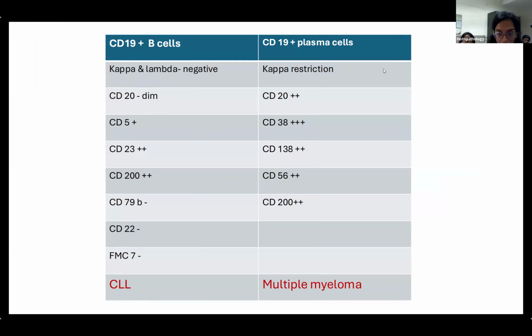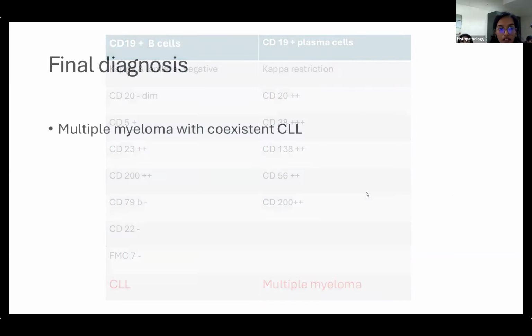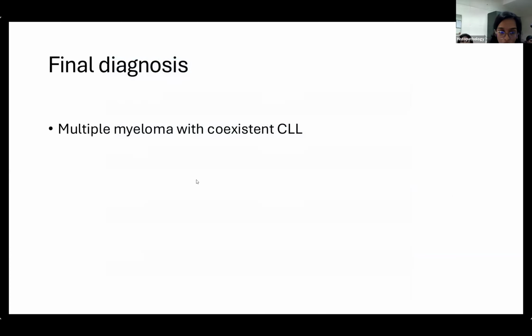Those plasma cells, the blue cell population, were kappa restricted, CD20, CD38, CD138, CD56 and CD200 all bright positive. So this immunophenotype shows multiple myeloma. With this, we gave the final diagnosis of multiple myeloma with coexistent CLL.